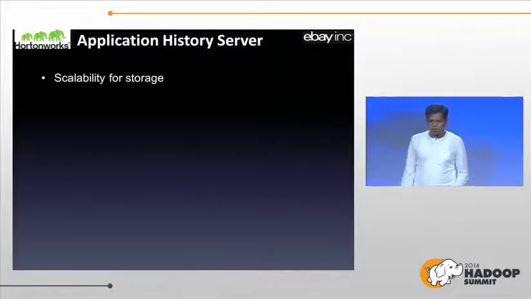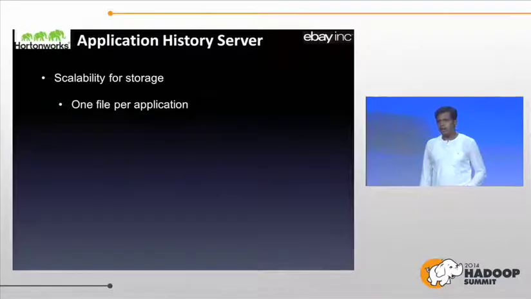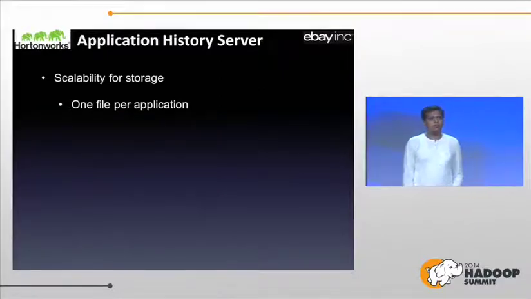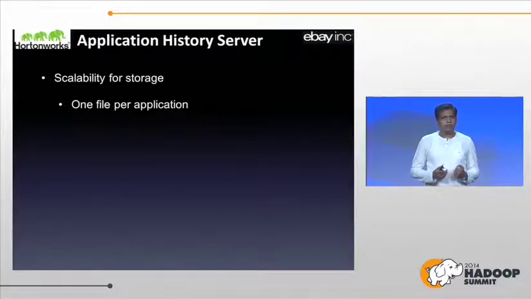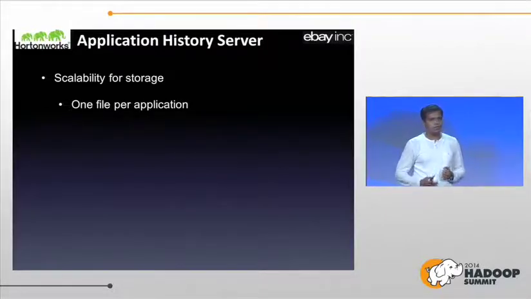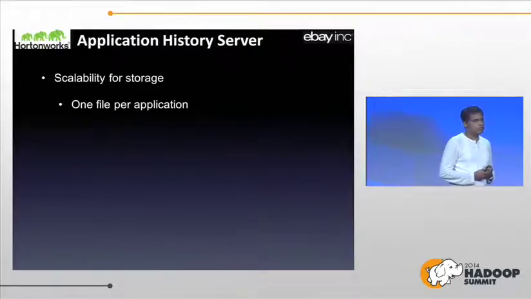A little bit about the scalability of the storage. For the application history server, we have one file per application. Initially we thought of having one file for the application, then for the application attempts, and for the containers, but then we thought it's not going to scale. We did some experiments and it was not working.